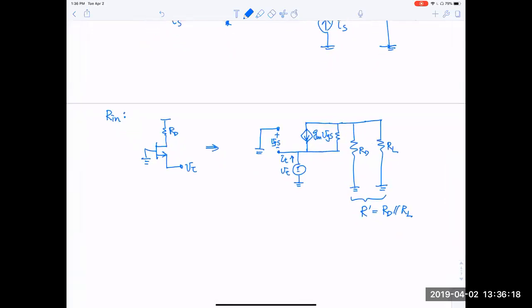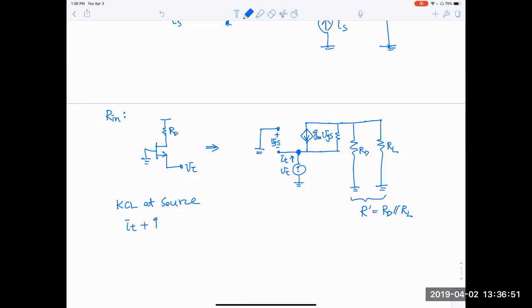Next is just to do small signal KCL and KVL, and relate all the parameters in terms of IT and VT. We can start with KCL at the source. So we apply Kirchhoff's current law at the source terminal.